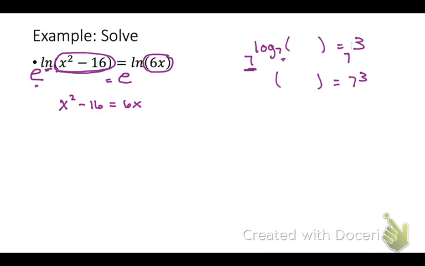Set it equal to 0. So x squared minus 6x minus 16 equals 0. And then you get to have fun.